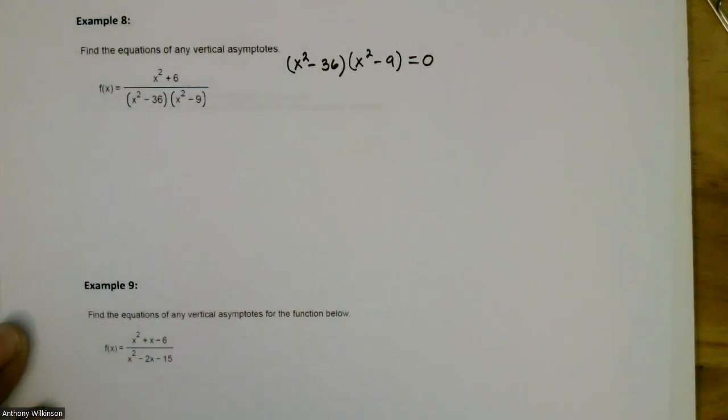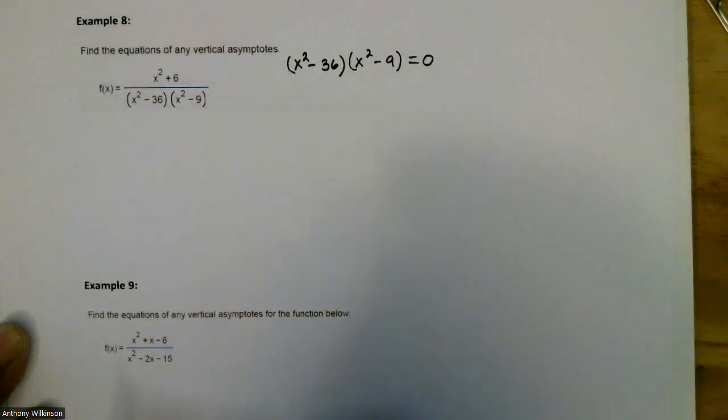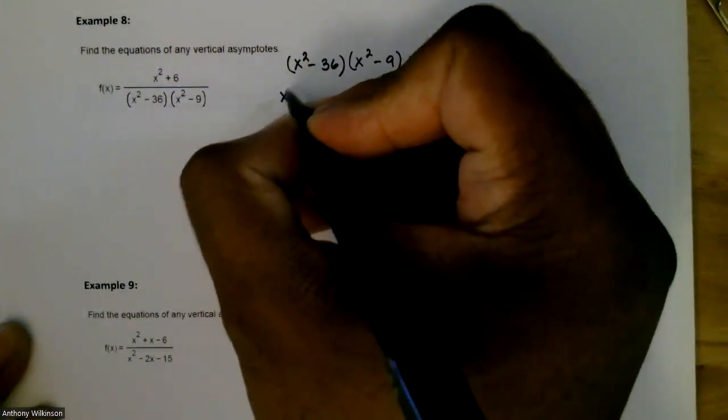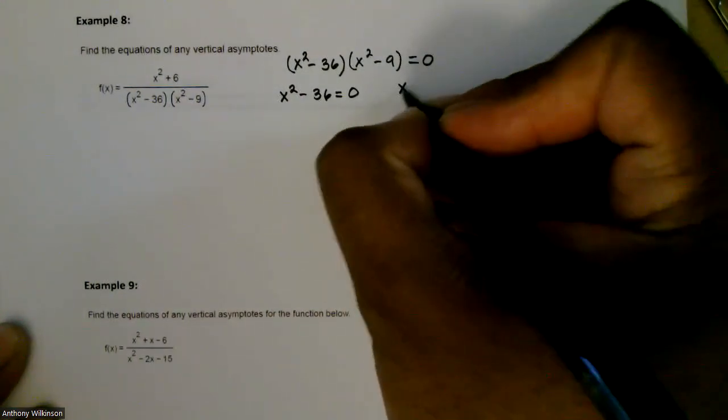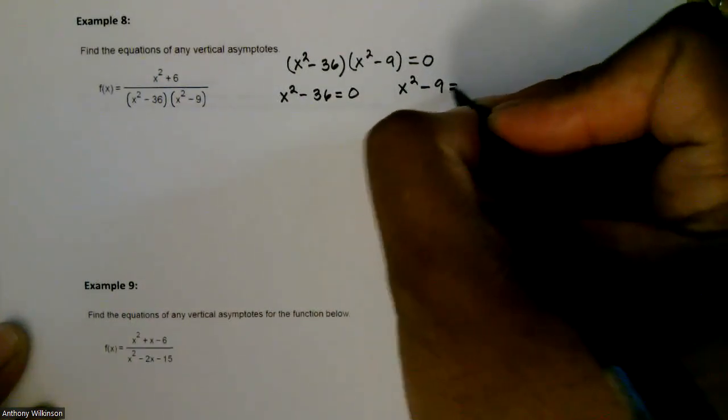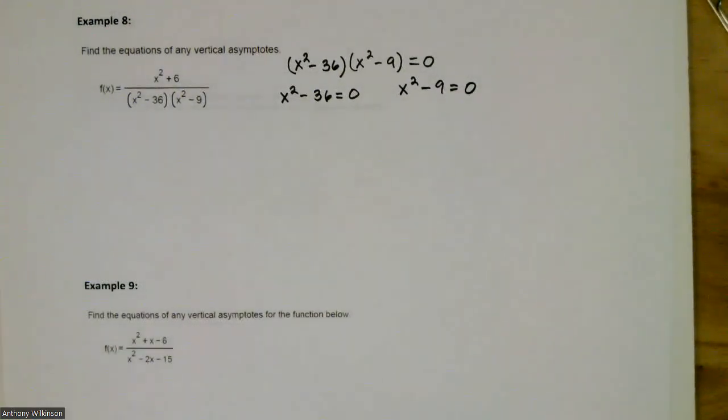And then we solve for x. Well, we're going to set each binomial factor to be equal to 0. So that means we're going to set x squared minus 36 to be equal to 0, and x squared minus 9 to be equal to 0. Each equation we will solve for x.